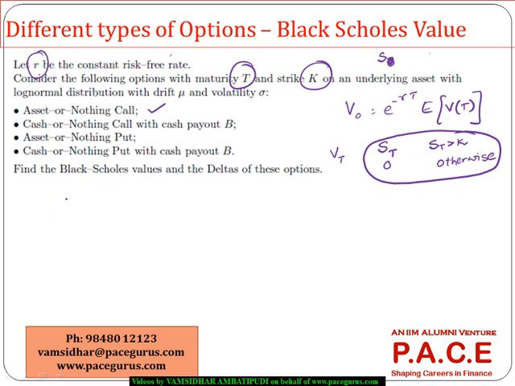So now if I have to know when is ST greater than K, now that I know that it is log normal, I can use this expression log ST by log S0. I can very well take it as r minus q minus sigma squared by 2 times t plus sigma root t times z.